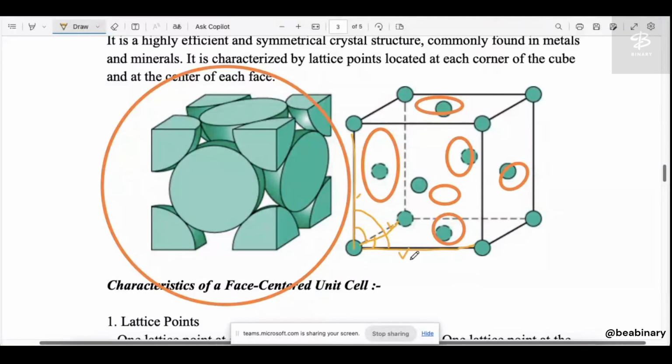So A is equal to B is equal to C. Now we talk about the angle. Look here very clearly at what alpha, beta, gamma mean. This is your alpha.